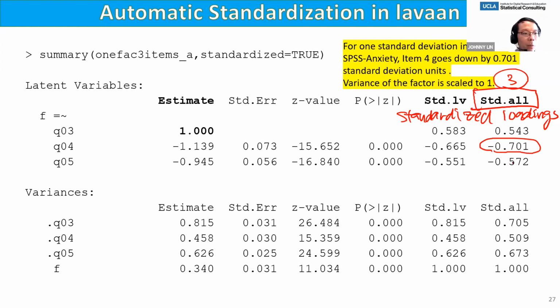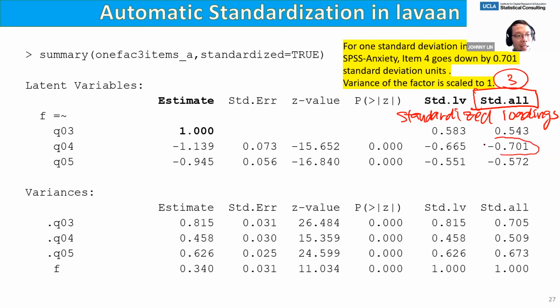The reason why we like this standardized loading is that you can compare these relative to each other. For example, the magnitude of the loading of item 3 is lower than the loading of item 4, right? 0.54 is lower than 0.701, but the sign is flipped. We can also look at it relative to 1 or -1. So which one has the highest loading?